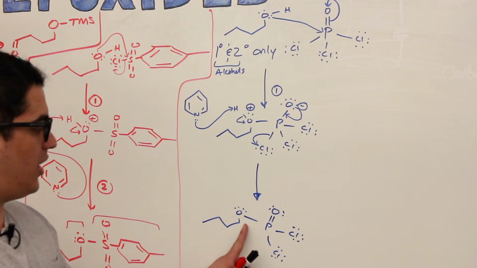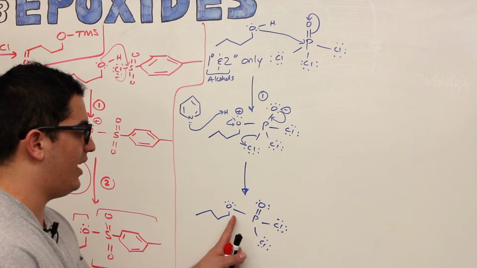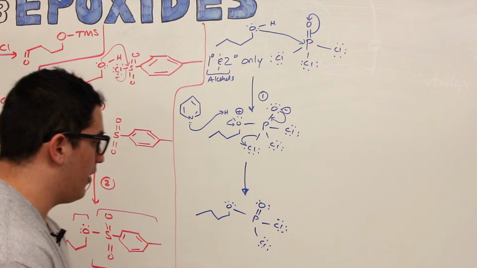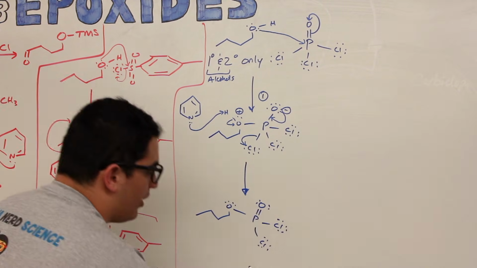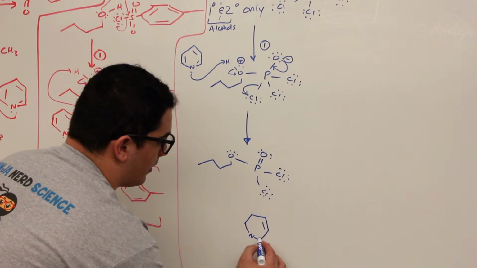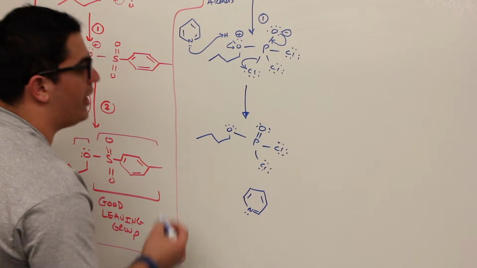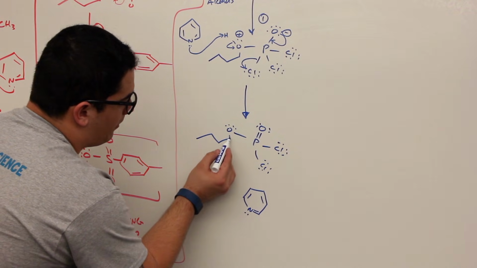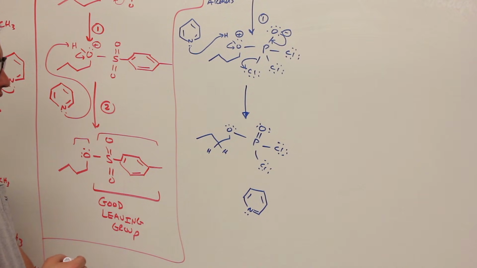Now, if you remember before, this is pretty cool. Now we know we can do something with this, because I could either have something substitute or this could leave. What's going to happen here is that pyridine can actually come in, because you're going to have more than one pyridine in this reaction. You're going to have thousands upon thousands of pyridines. There are hydrogens right next to that oxygen, 2 hydrogens right there.